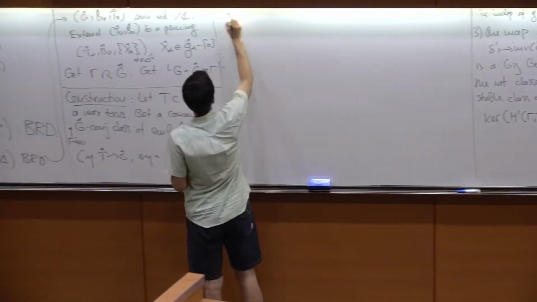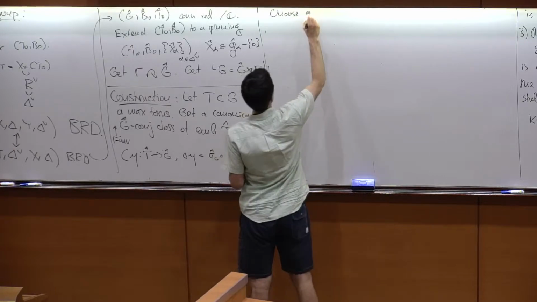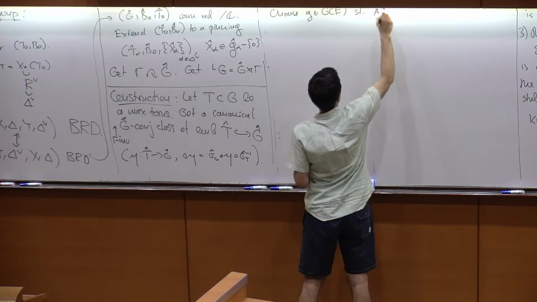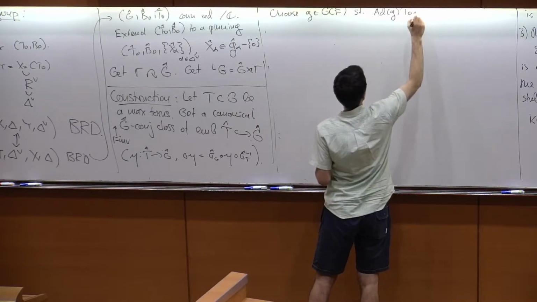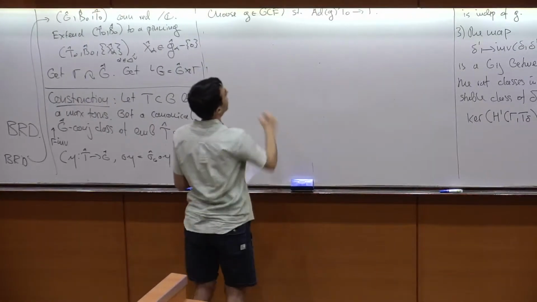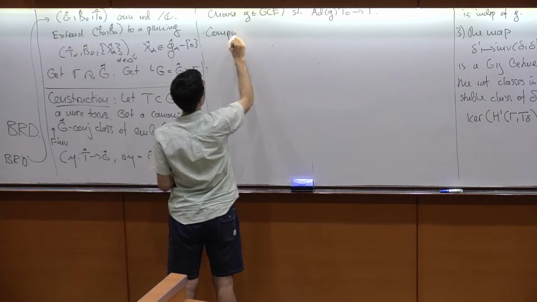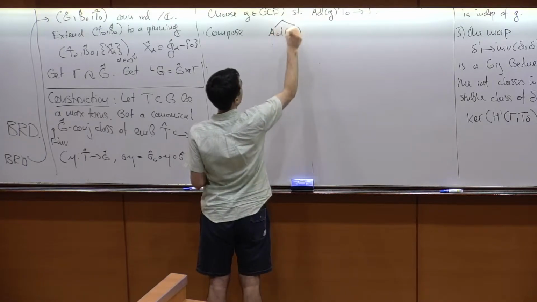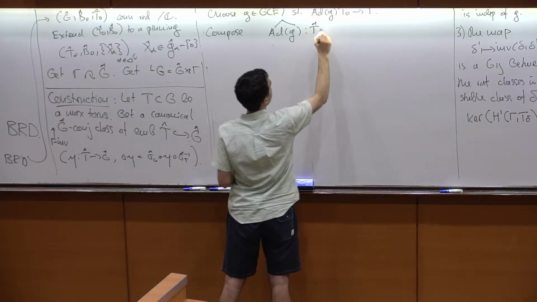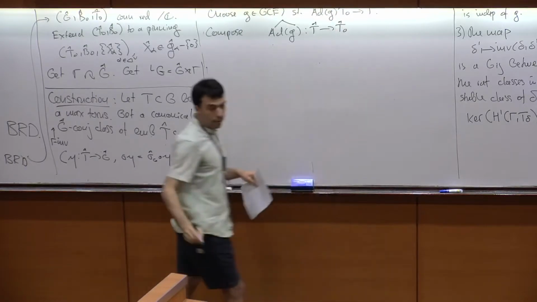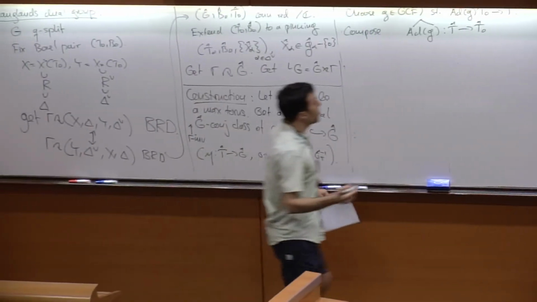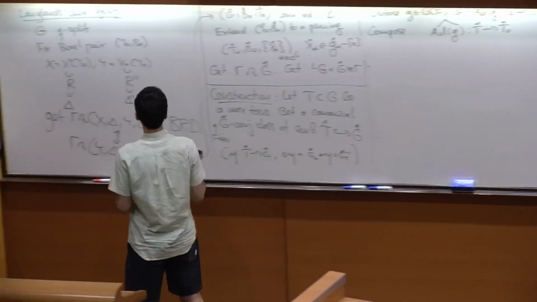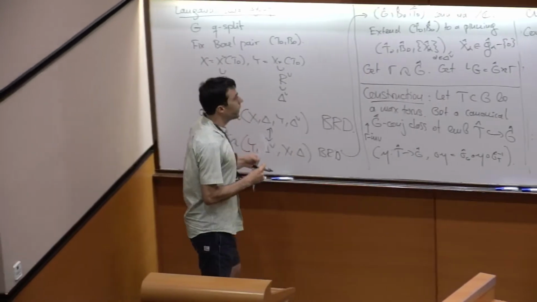Okay, so choose g in G of F bar which sends T0 to T, and then compose the dual of that, which goes from T hat to T0 hat, with the canonical identification. Now I'm in a little bit of trouble because I have two meanings of T0 hat.